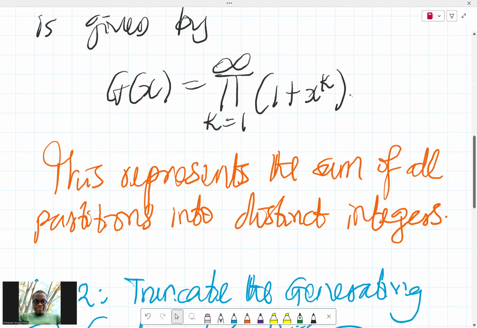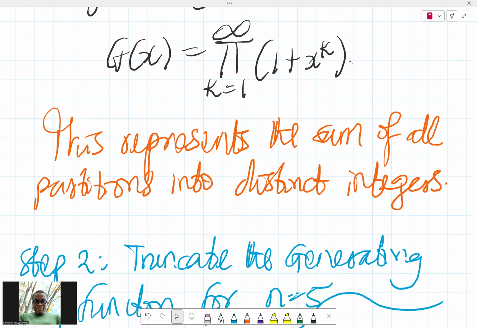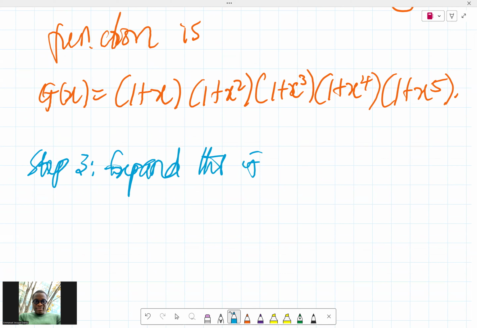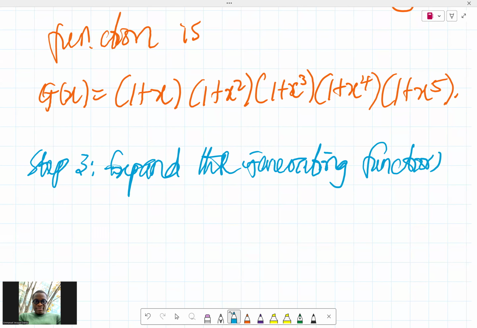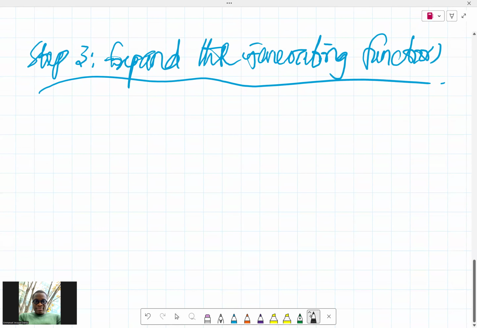You know, this symbol means you're multiplying starting from k equals 1. So 1 plus x raised to power 1, times 1 plus x raised to power 2, times 1 plus x raised to power 3, and you do that till you get to infinity. So having done step 2, now we go to step 3 where we expand the generating function.